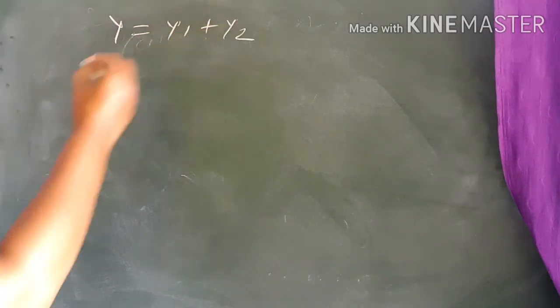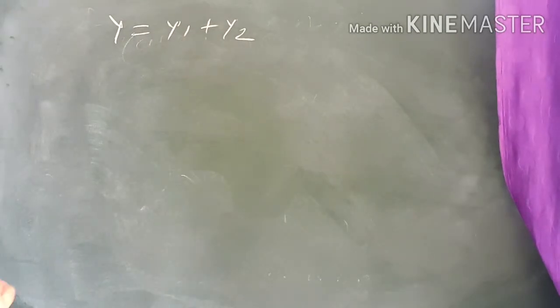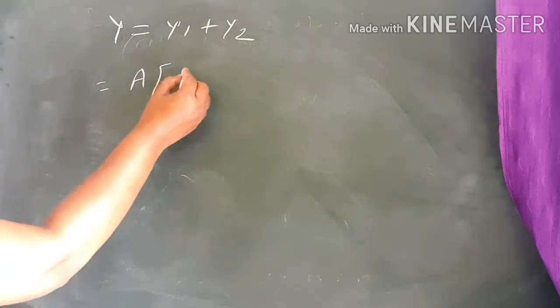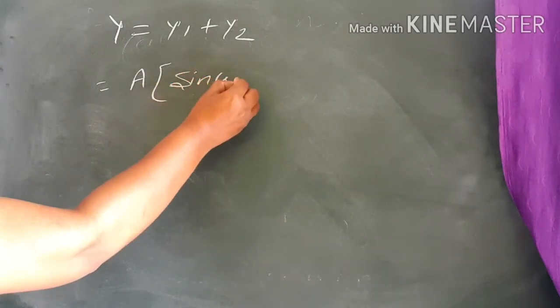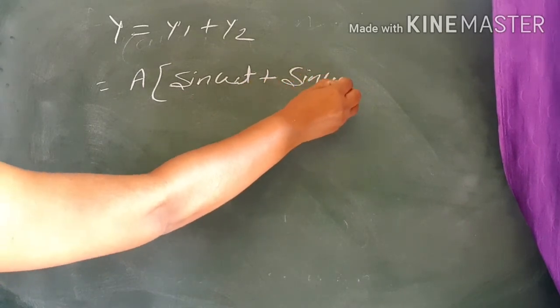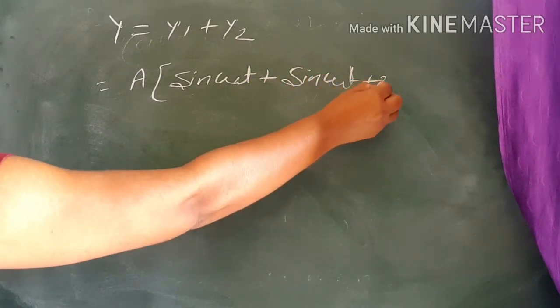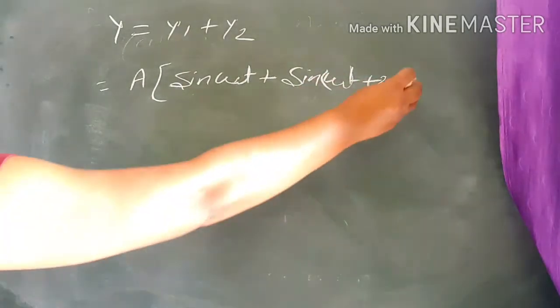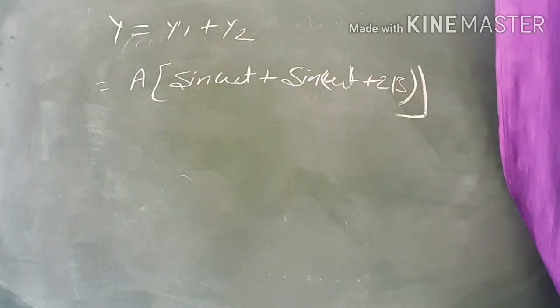Now the resultant displacement vector y1 plus y2 is equal to, A is common, A into sine omega t plus sine of omega t plus 2 beta. This is the resultant wave vector.